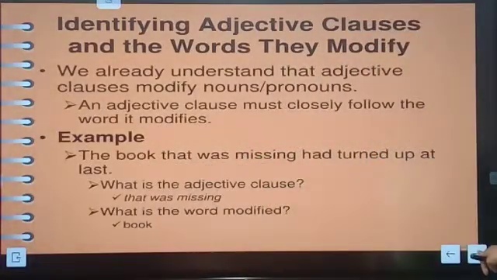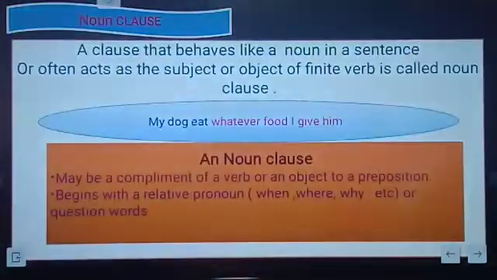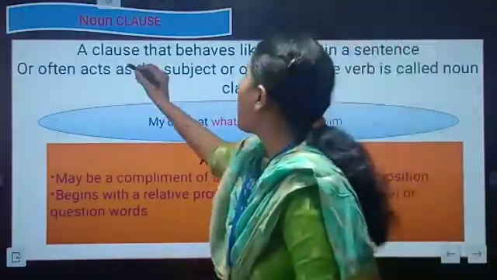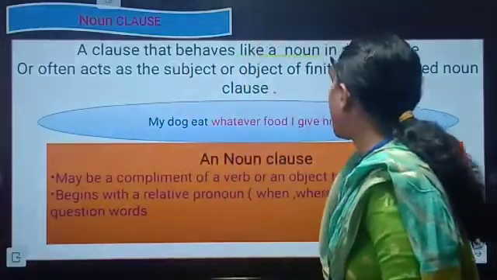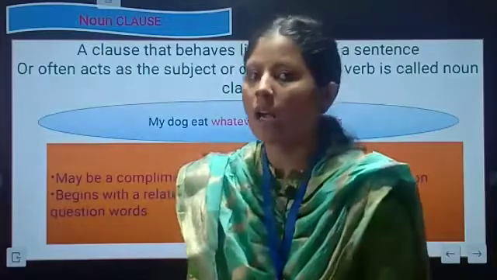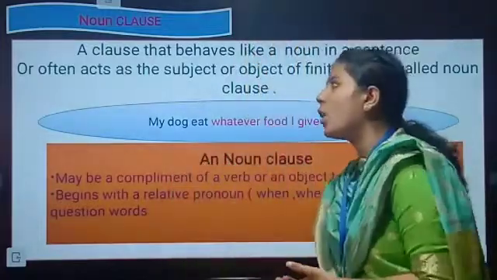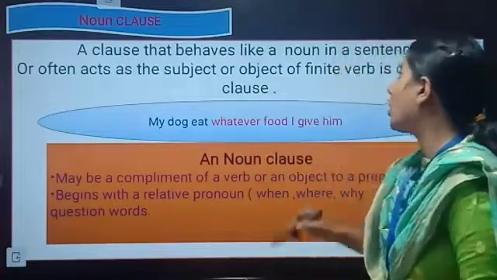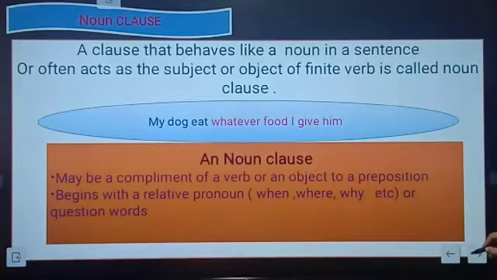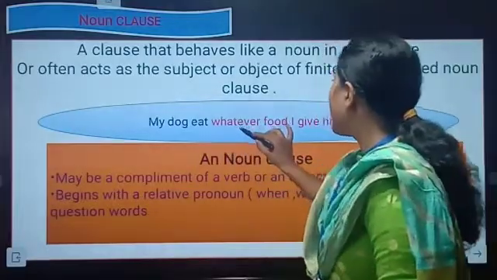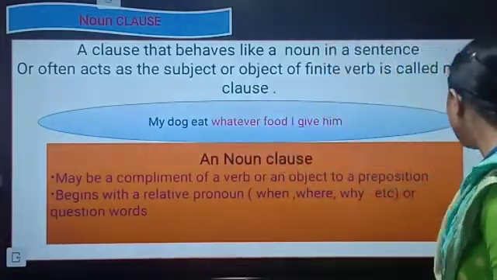Now let's move forward and understand noun clause. First of all, a noun clause behaves like a noun in a sentence. What is a noun clause? Noun clauses are the clauses that behave like a noun in the sentence and often act as the subject or object of a finite verb. Okay, for example, the dog eats whatever food I give him.